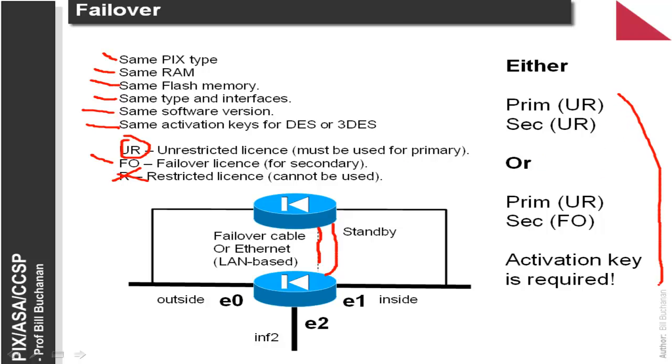So we have an activation key for this, and basically the two firewalls are connected in parallel. Most of the time the secondary firewall will not actually route any traffic, but will monitor the other firewall for its operation.